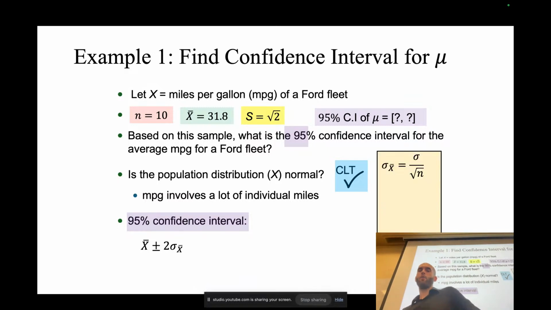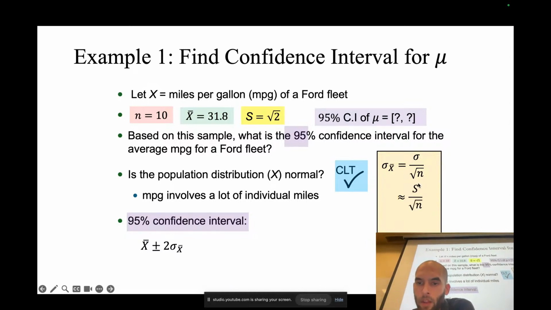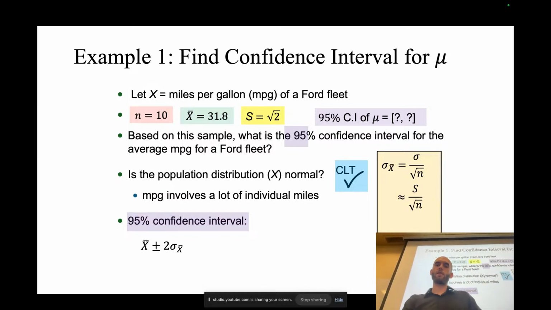And we know this thing. So from the central limit theorem, the standard deviation of the sample mean is going to be the standard deviation of our sample divided by the square root of n. So because we don't know the truth, the sigma, we're going to substitute in our sample standard deviation, and that gives us this thing.